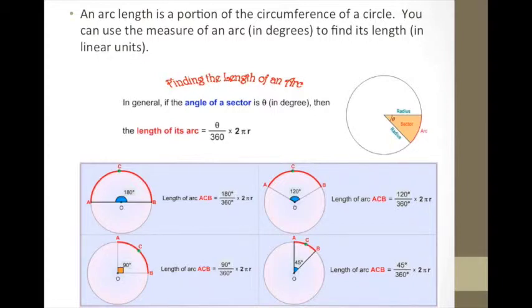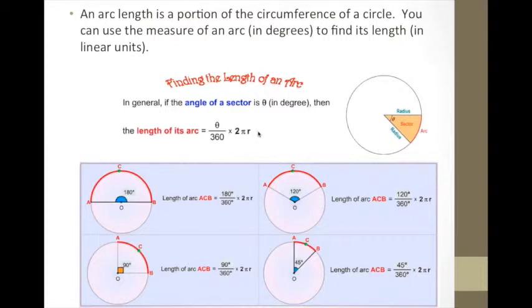You can see down the bottom here, we've got four basic examples of the four fairly common cases to help you understand. The general rule is the angle of the sector divided by 360, times 2 pi r.